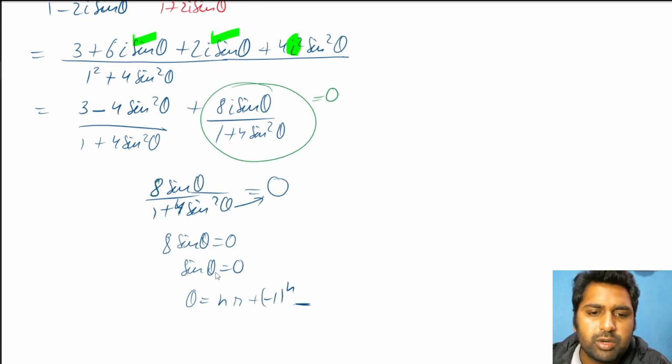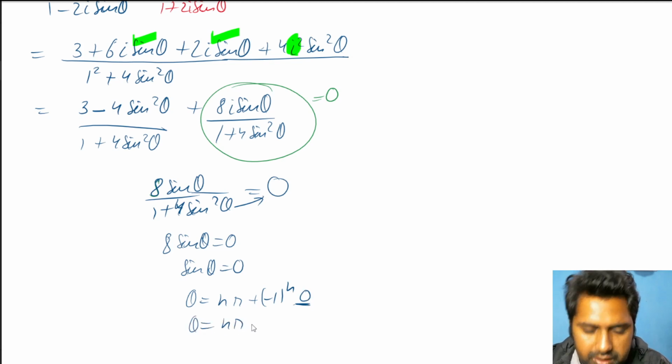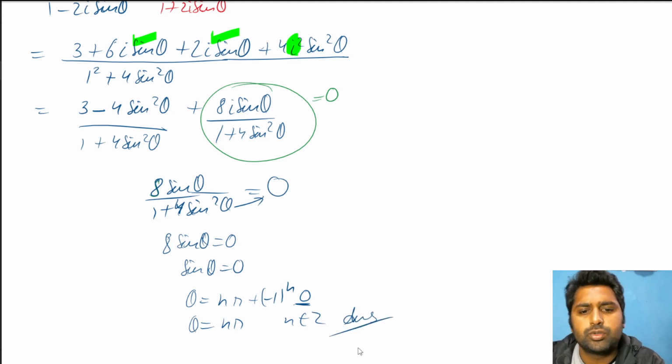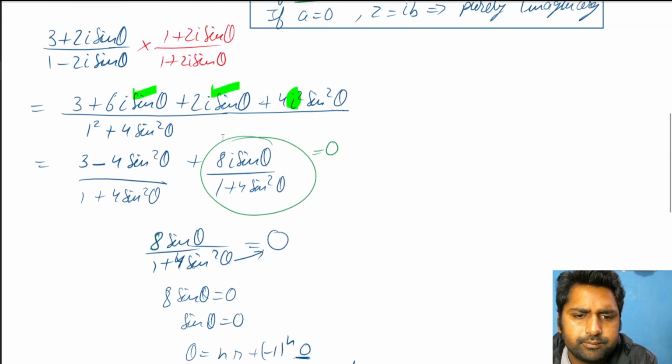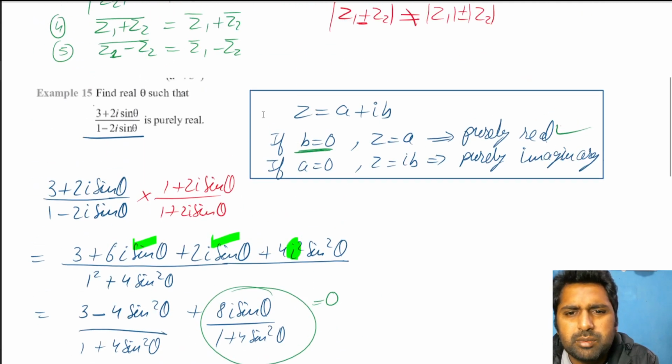Means just give me one value in 0 to 2 pi for which sine is 0, that is 0 itself. So theta becomes n pi, where n belongs to z. That's your answer. So for theta equals n pi, this particular complex number is purely real. Just remember this idea: purely real, the imaginary part has to be 0, purely imaginary, the real part has to be 0.